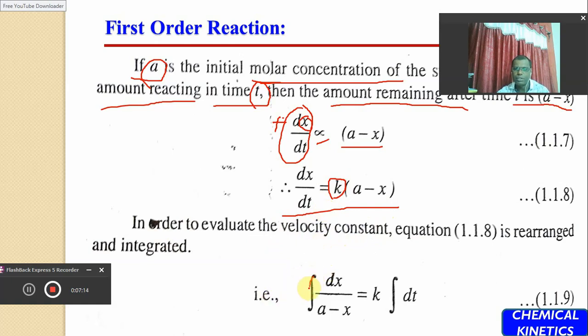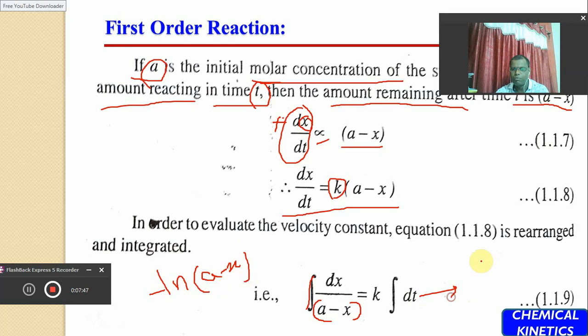This is called integration. So the integration of dx upon (a minus x) is equal to k into the integration of dt.